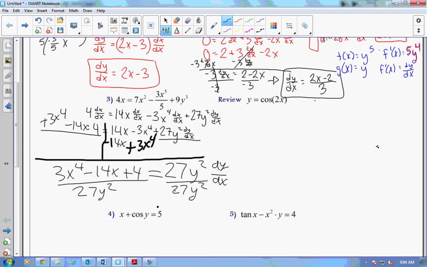Good. So y squared is part of the function on the other side, right? Great, thank you. Now, Gisu had negative 27y squared, right? Which is technically equivalent as long as this 3 was negative, the 14 is positive, and the 4 is negative. So it's technically equivalent, so it's okay.